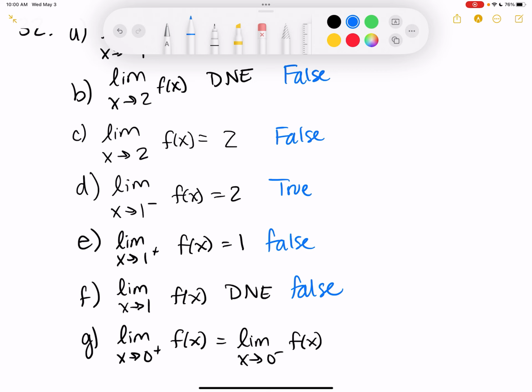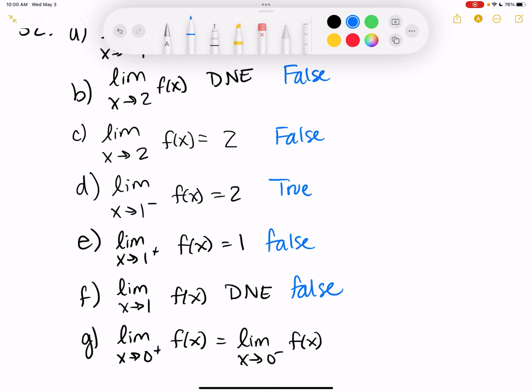Why? Because 0 from the right would equal 2 and 0 from the left would equal 1.